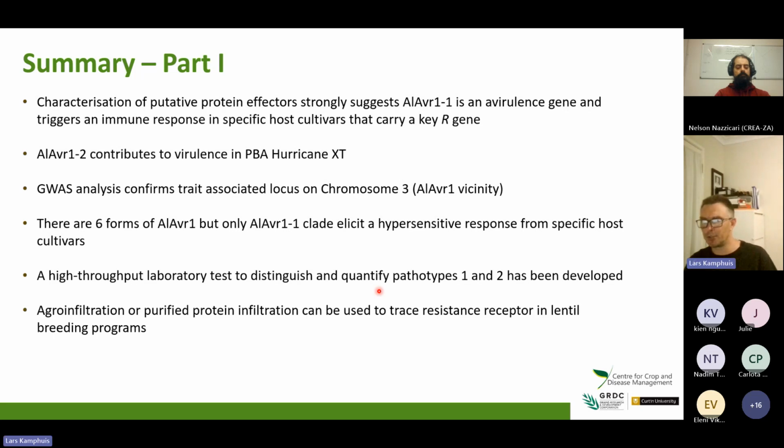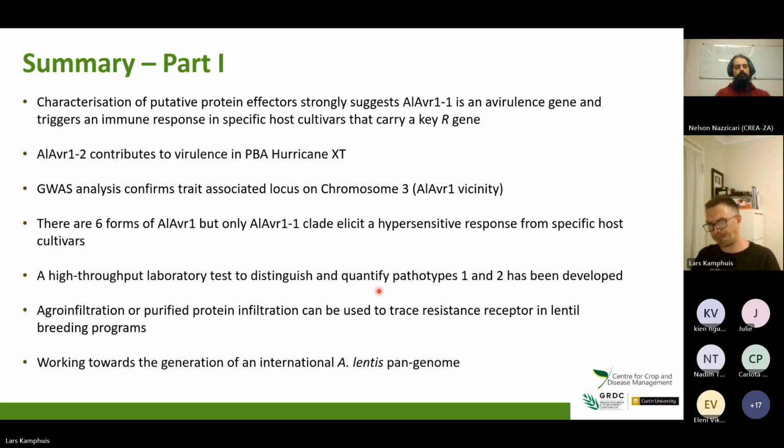This uses agroinfiltration and purified proteins that can be used to try and trace the receptor in lentil breeding programs, and this is something that we're actively working towards developing in the lab. And lastly, we're working towards the generation of an international Ascochyta lentis pangenome. We'd love to receive isolates from colleagues on the call if they have them.